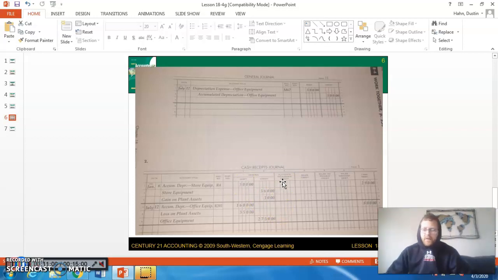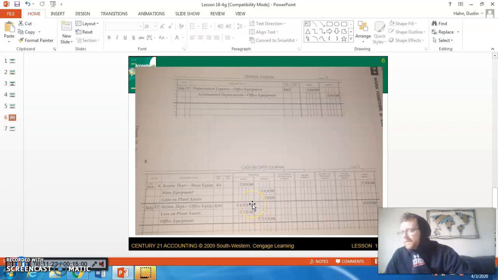Same thing on the next transaction: you received cash for the sale of a notebook computer of $800. So you received $800 for your check right there. If you look back into section 3, that $2,750 is how much you originally bought it for.